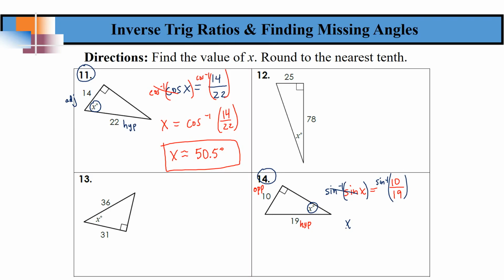That cancels out, so we have x equals the inverse sine of 10 over 19. Then we would just type that into our calculators. Again, inverse sine, you can calculate that by pressing second and then the sine button. Then type 10 over 19, and you should get approximately 31.8 degrees. Awesome.